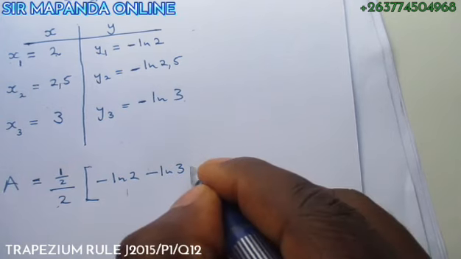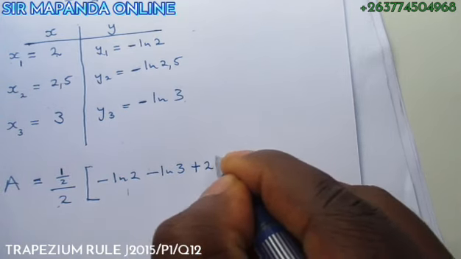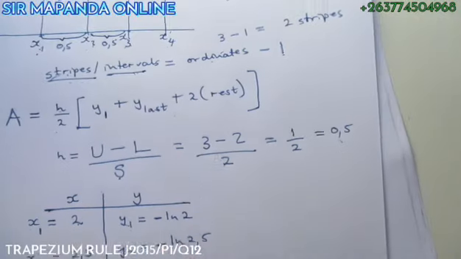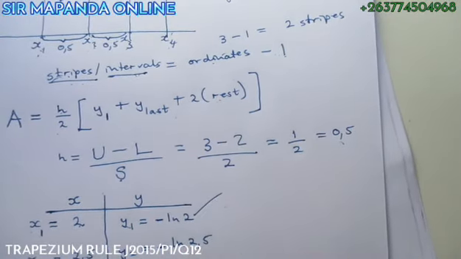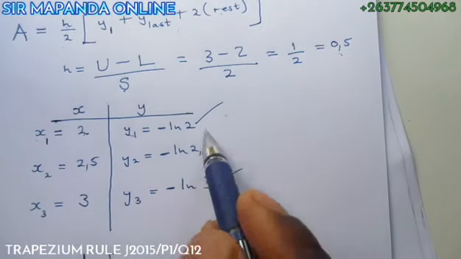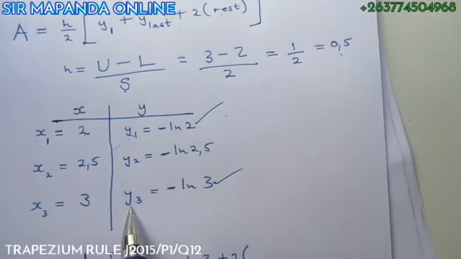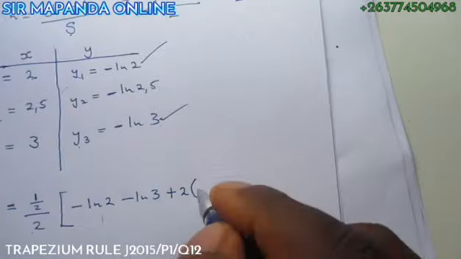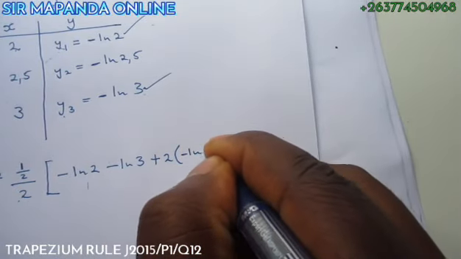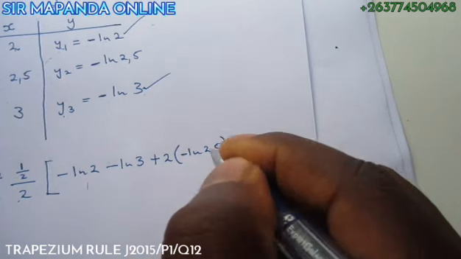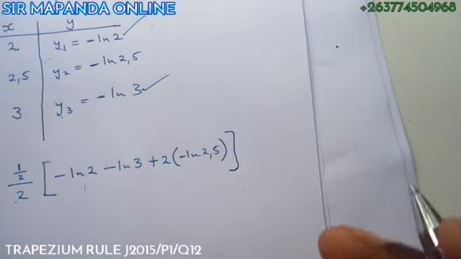Then you write plus 2, open bracket. By rest, I refer to the remaining ordinates. After taking the first and the last, the remaining ordinates between y1 and y last are added inside the bracket. So we are left with minus ln 2.5. You put it in the rest, then you close.